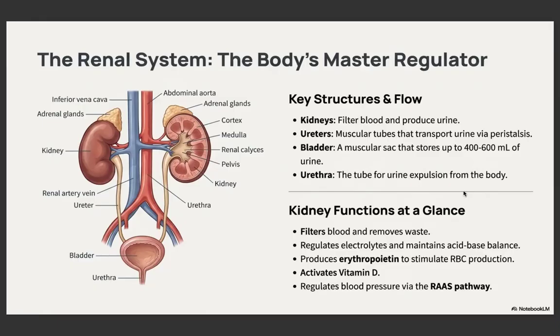It's also going to regulate our electrolytes. It produces erythropoietin, which is a hormone that helps stimulate our red blood cell production. It helps activate vitamin D in the body for our healthy bones, and then it regulates blood pressure through the renin, angiotensin, aldosterone system.